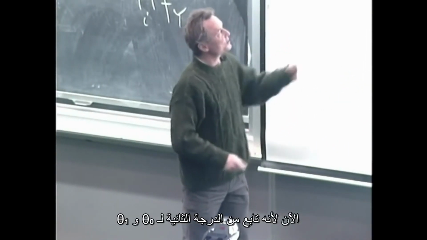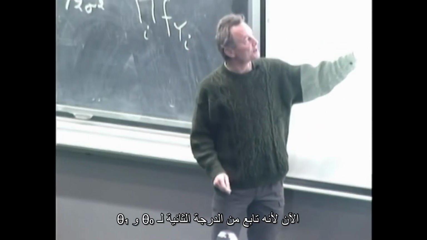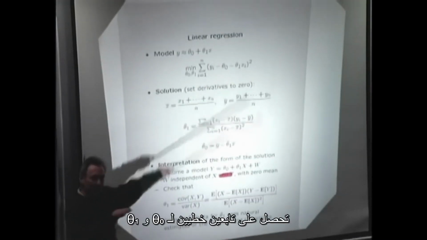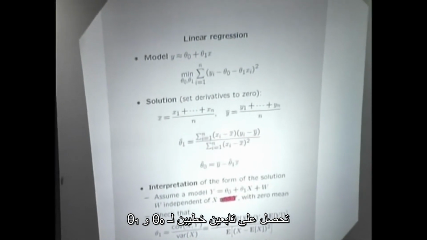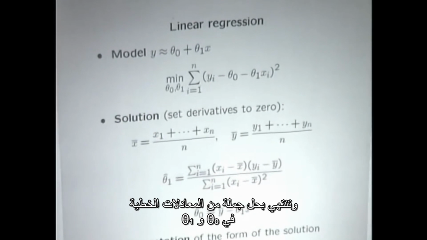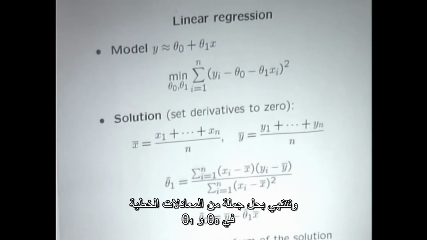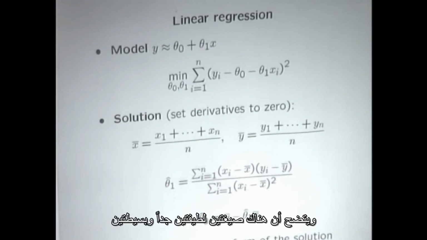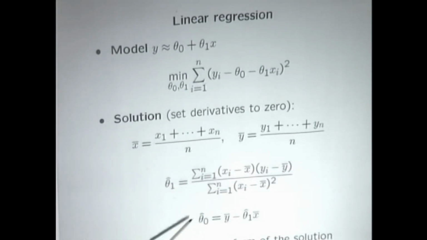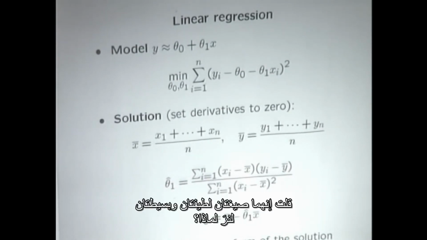Because this is a quadratic function of theta 0 and theta 1, when you take the derivatives with respect to theta 0 and theta 1, you get linear functions of theta 0 and theta 1, and you end up solving a system of linear equations in theta 0 and theta 1. It turns out that there are very nice and simple formulas for the optimal estimates of the parameters in terms of the data. And the formulas are these ones. As I said, these are nice and simple formulas.